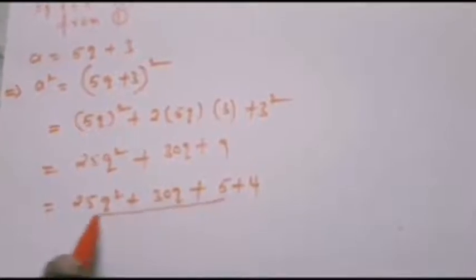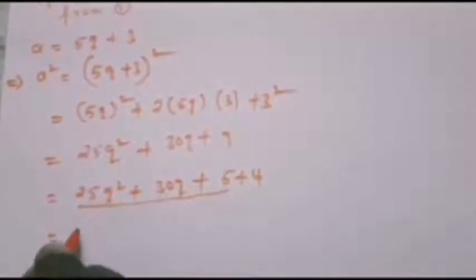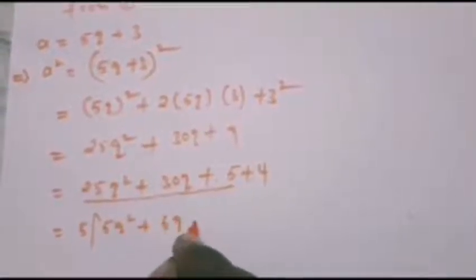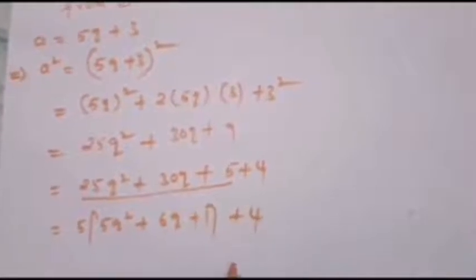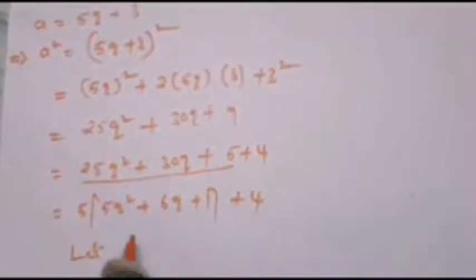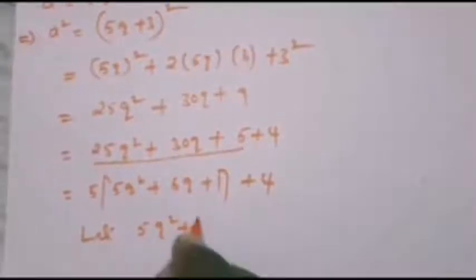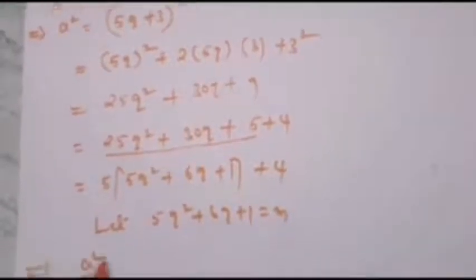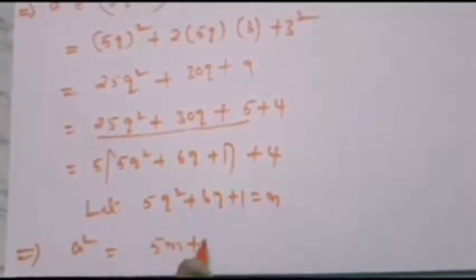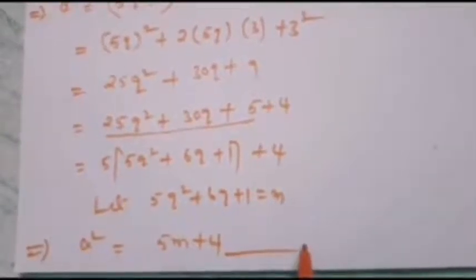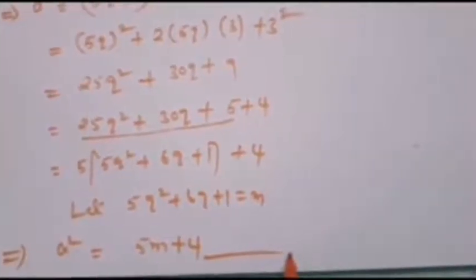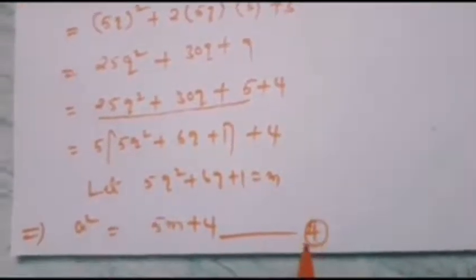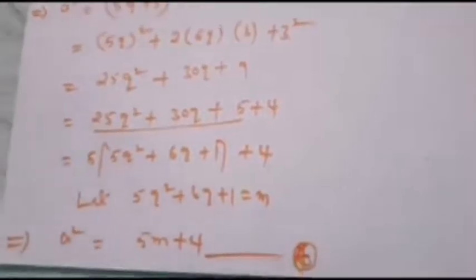From all this I will take 5 common: 5 times 5q square plus 6q plus 1, plus 4. Let us assume 5q square plus 6q plus 1 equals m, and write a square equals 5m plus 4, equation number 6.